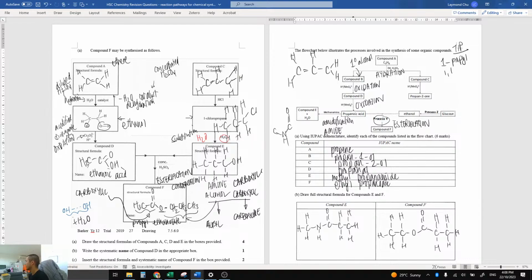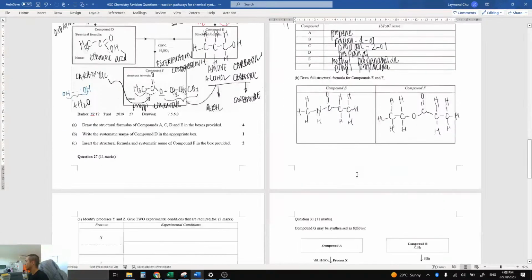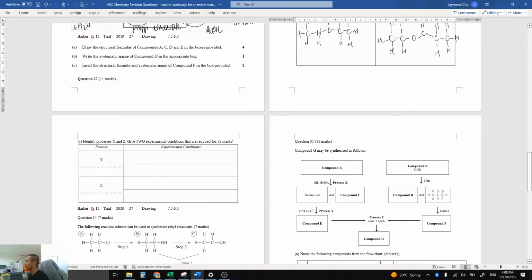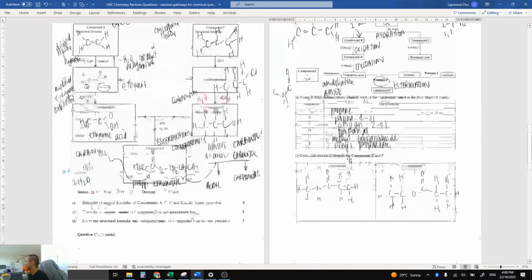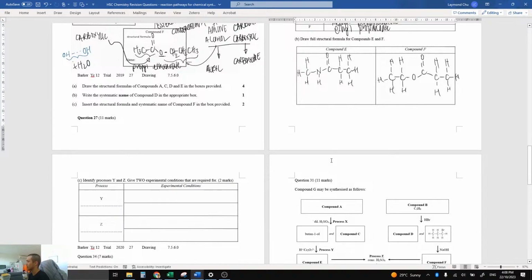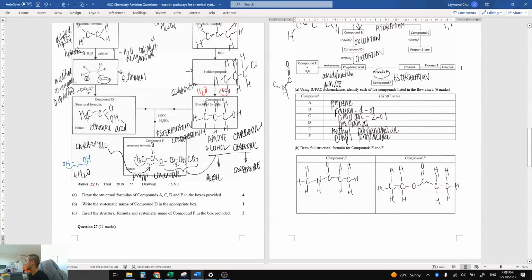Great. Structures done. Now, the question then asks, identify processes Y and Z. Y is esterification. And then Z is glucose to ethanol.